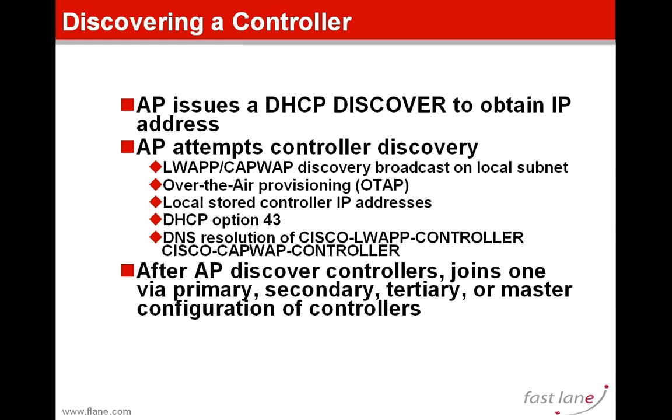To configure an option 43, you should actually configure two items. The first one is what we call the option 60. The option 60 is the client identifier. What is that? Well, when a DHCP client tries to get an IP address, some clients will not identify themselves. They will just send a broadcast to 255.255.255.255 saying, hey, I need an IP address, someone get me an IP address.